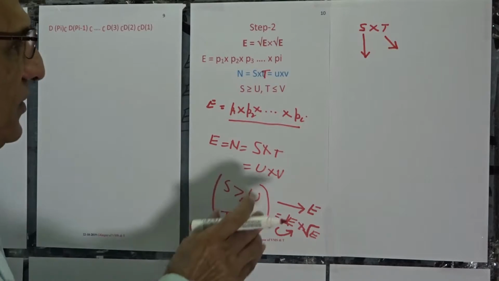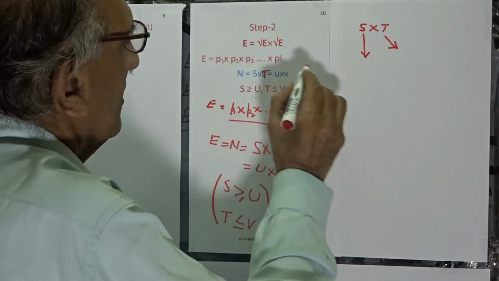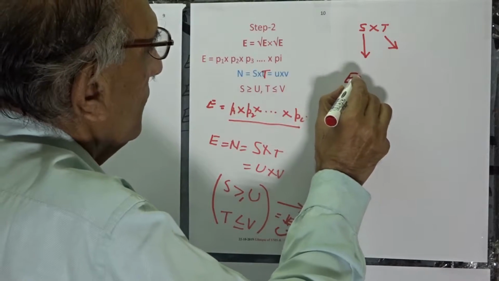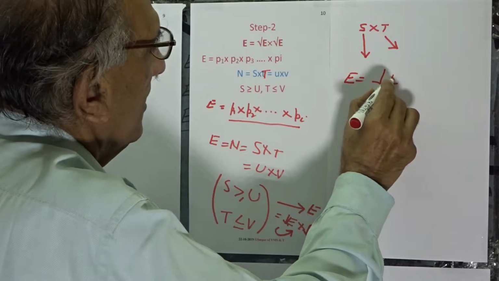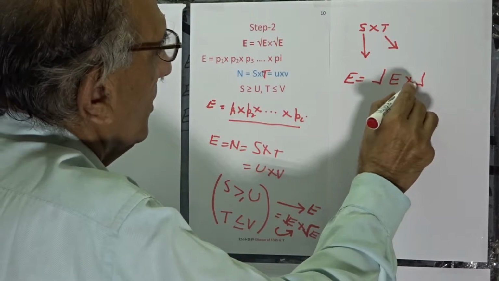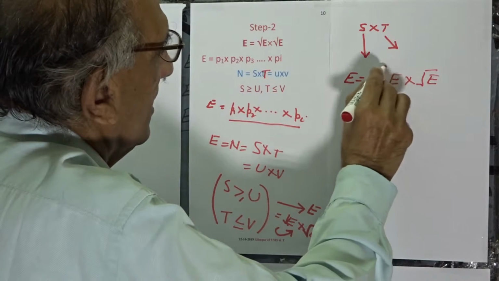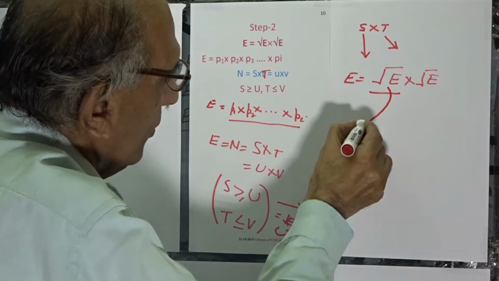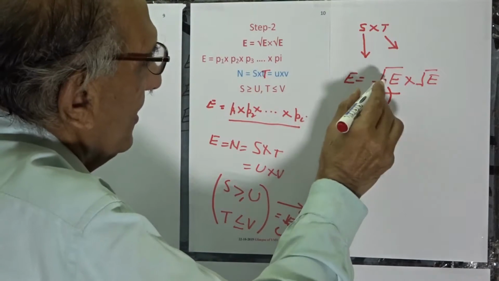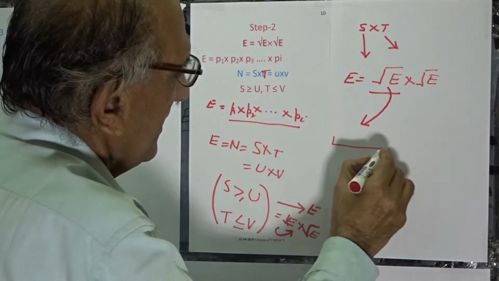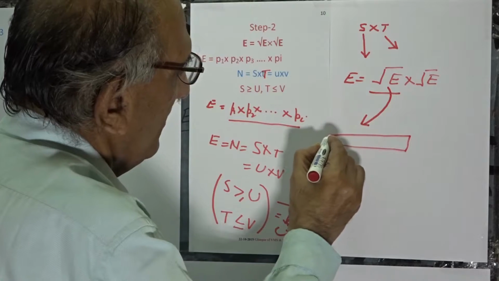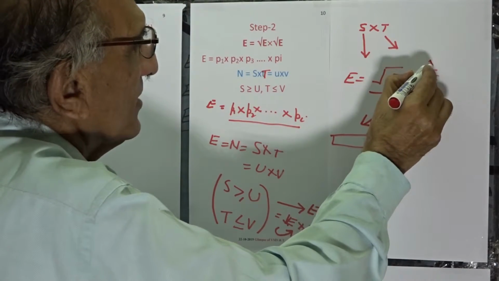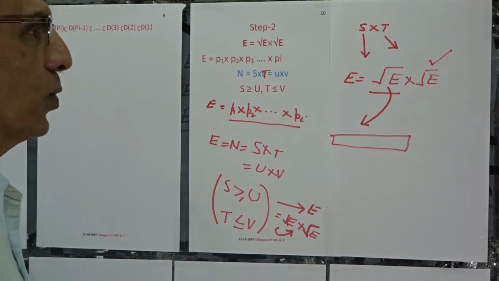Therefore, this being the situation, and E is equal to under root E into under root E, if we can rule out the primes up till under root E, then the rest of the split will follow of its own.